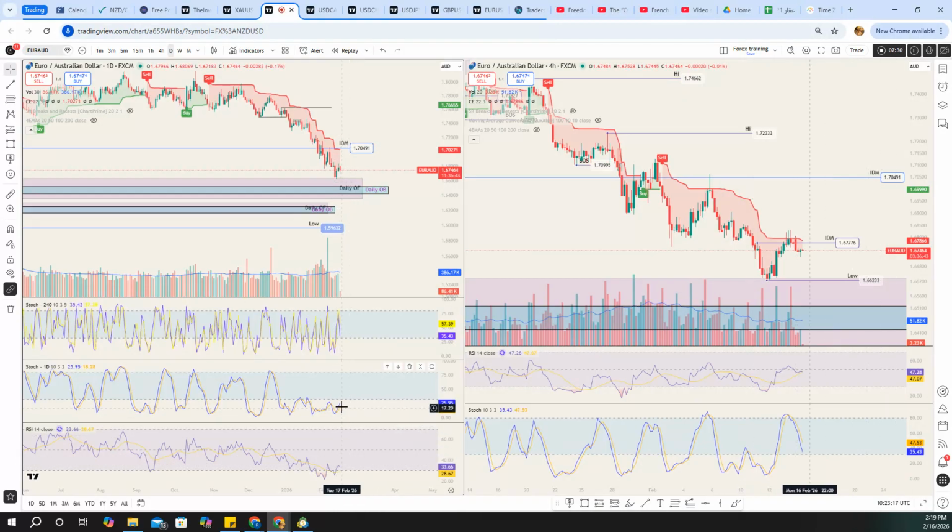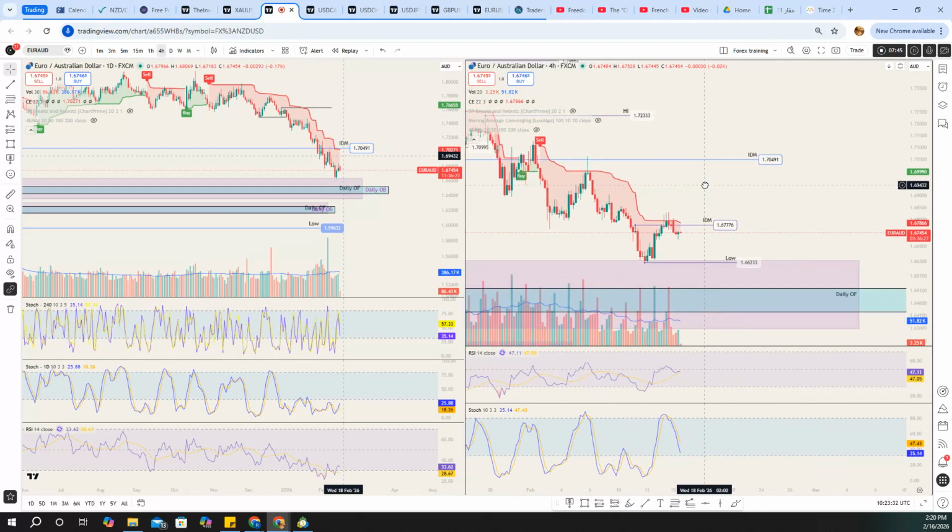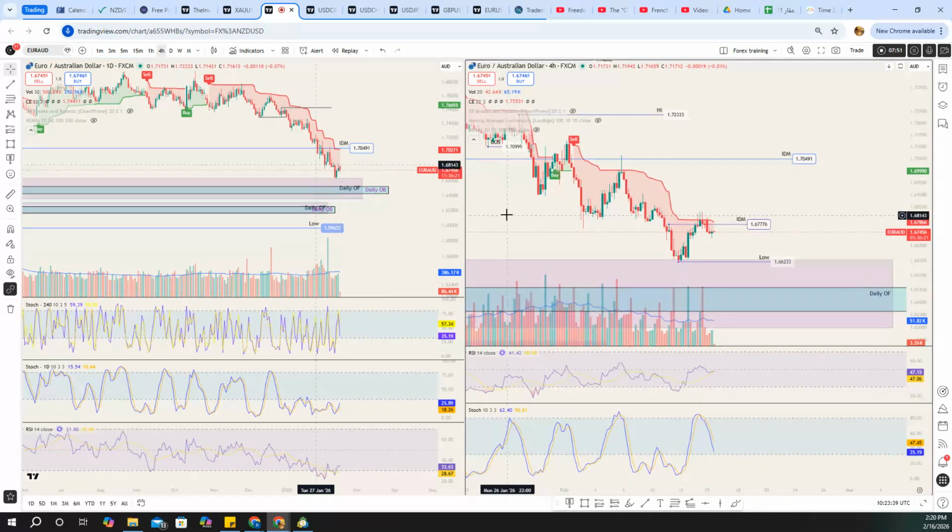Now, if the daily stochastic actually came here into the bound, then we might have a different story developing. But we will wait and see. And anyway, today, even if I have an opportunity, I might not be taking it, unless it was really evident. I will not be taking positions today.